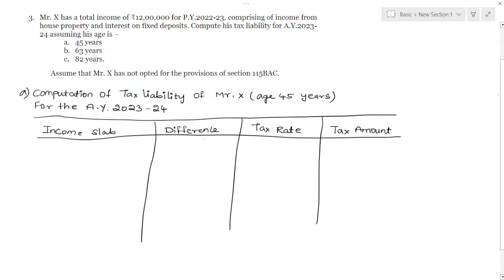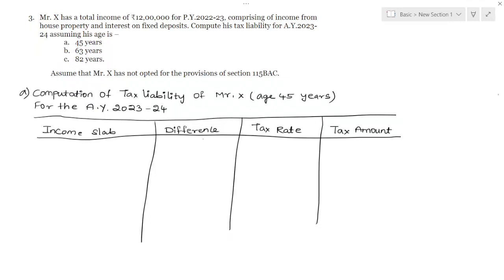Okay, everybody, now you tell me, in case A, his age is what? 45 years. So 45 means he is less than 60 years. And when you see the question, they did not tell whether he is a resident or non-resident. Did they tell?